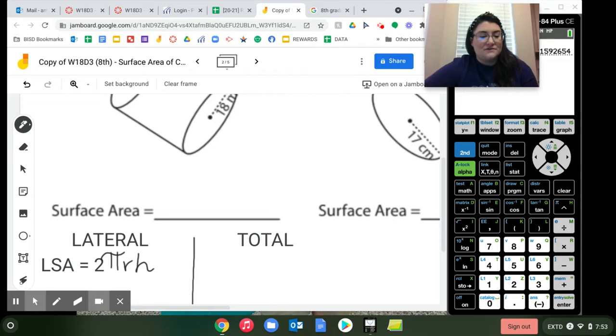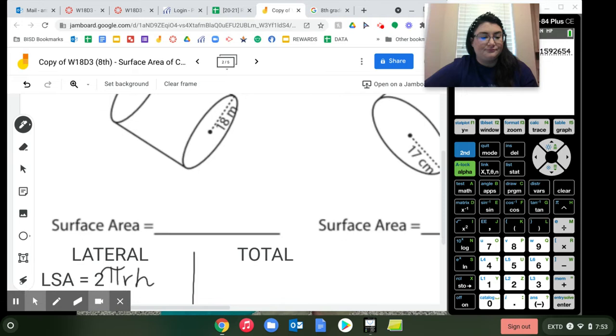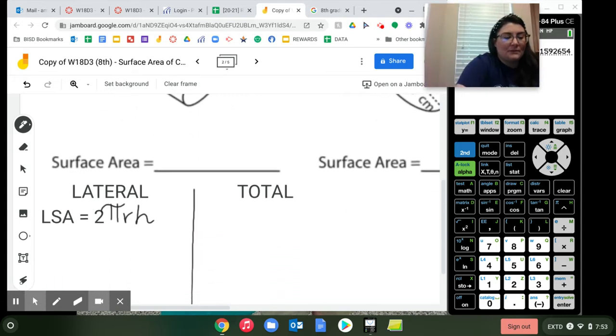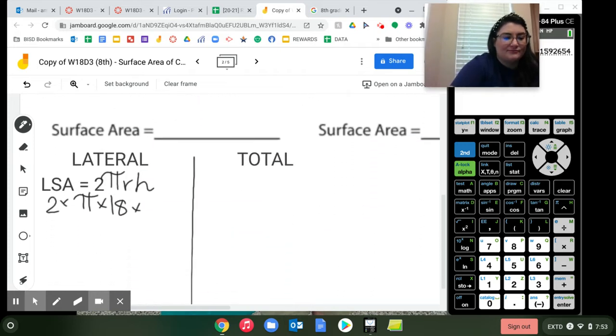All right, so we have 2 pi times the radius, which is 18. And remember, when these numbers and symbols are next to each other, that means you're multiplying. So 2 times pi times radius times the height of the prism, which is 26.